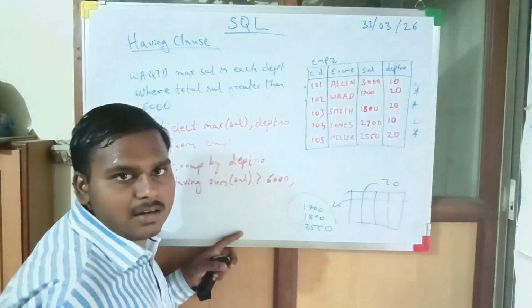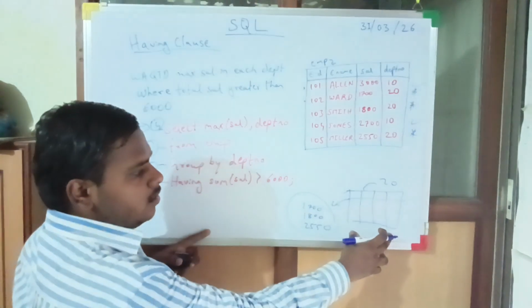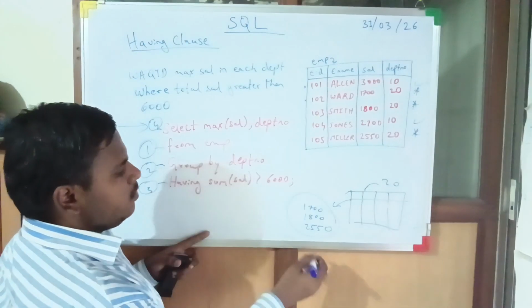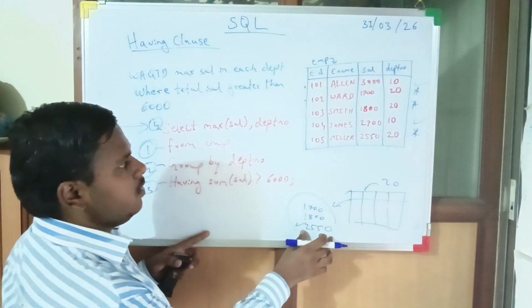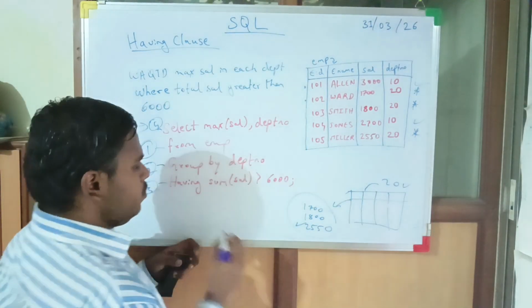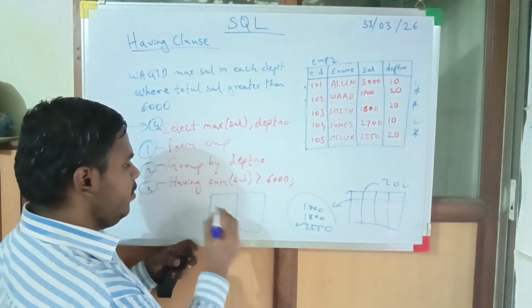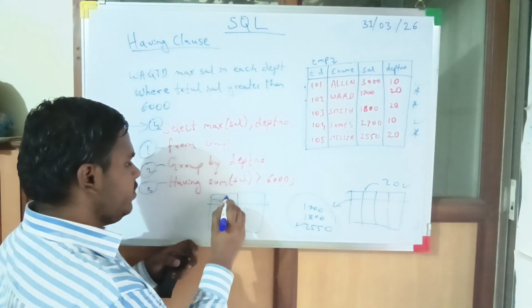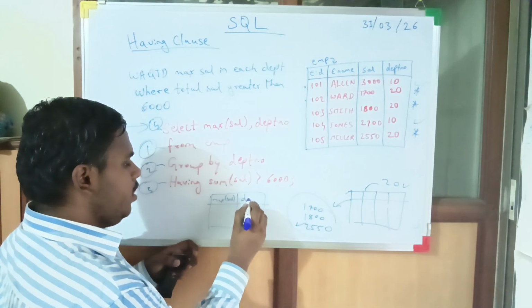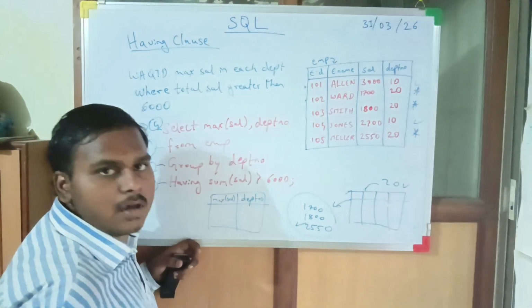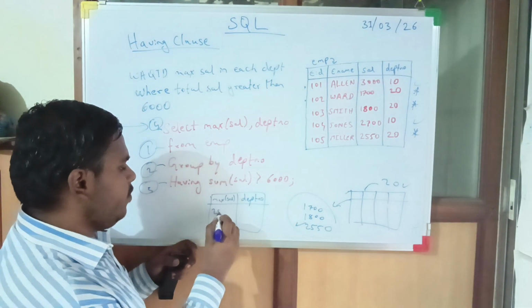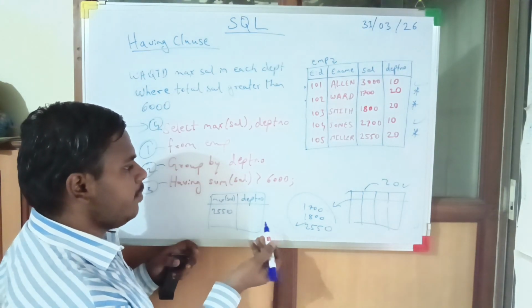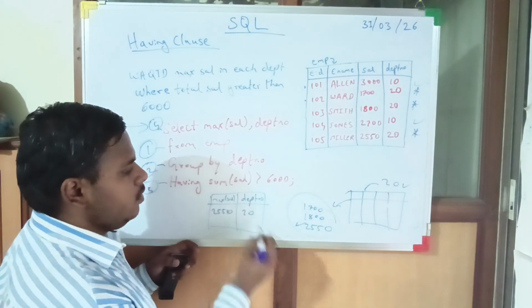These 3 salaries are there. First of all, it will find the maximum salary from these 3. The maximum salary is 2550, and the department number is 20. So the final output will be max of salary, comma department number: max of salary is 2550 and department number is 20.